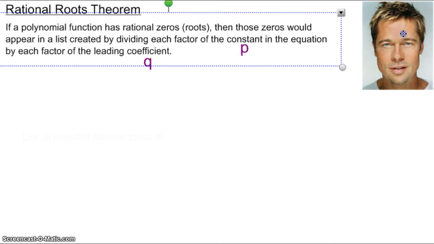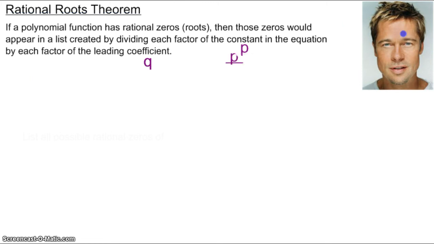We often will call the constant p and the leading coefficient q. So what I want to do is create a bunch of fractions in the form of what we call p over q.